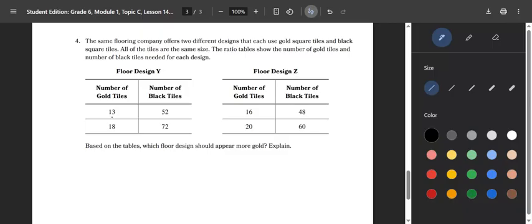Well, I know that 52 is a multiple of 13.